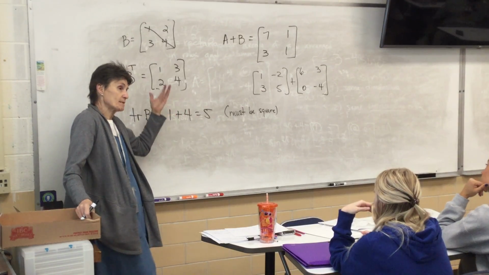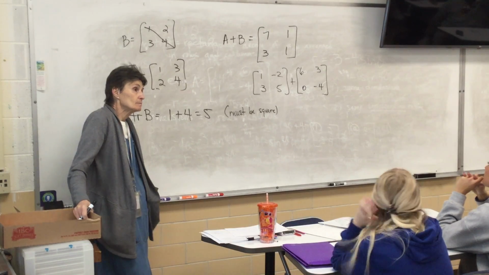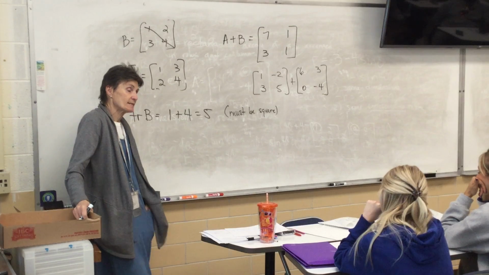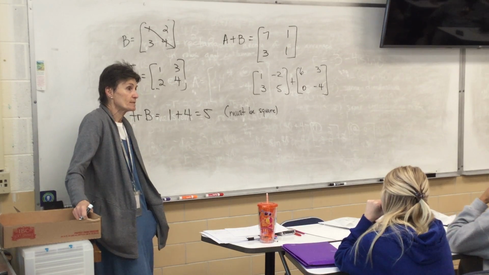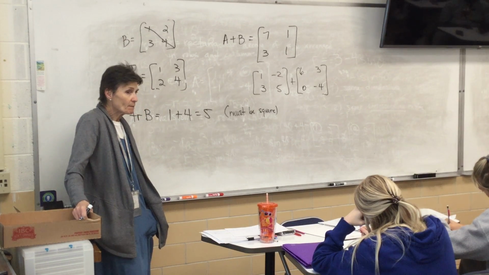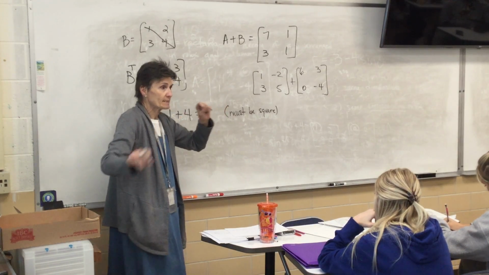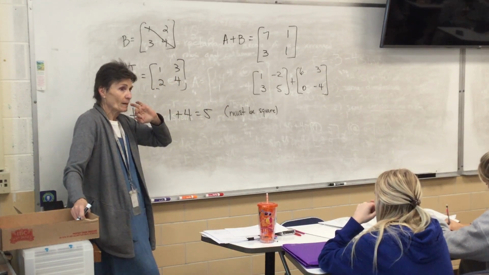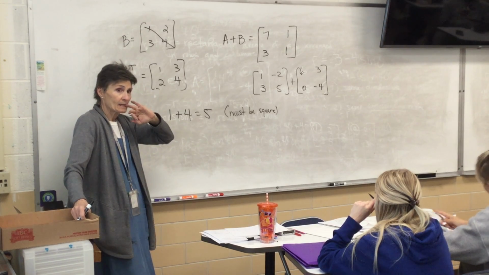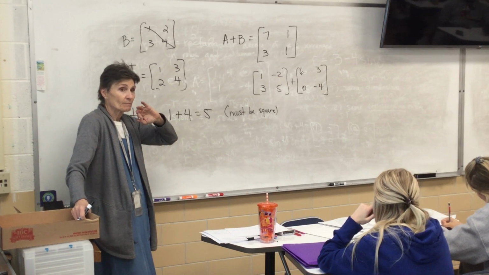Now tell me how we did that. How are you going to describe this? How do we add matrices? Izzy? You take each entry that's corresponding with each other and you add them together. Yeah, that's right. You add corresponding entries. Now, because that's how we do it, what about the matrices themselves? Can I just pick 2 random matrices and add them together? What has to be true about them? Ethan? They both have to be square matrices.